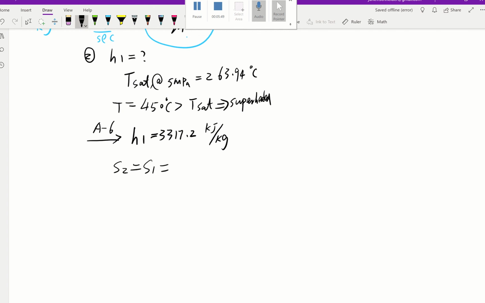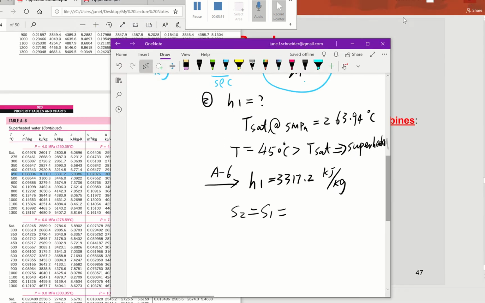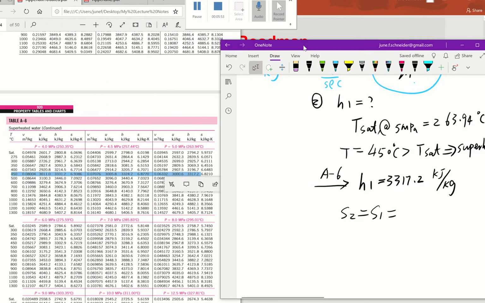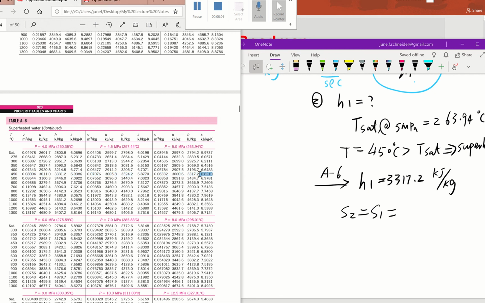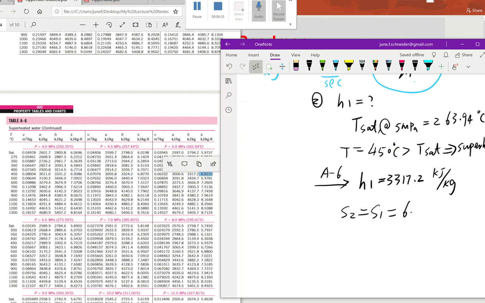So we go back to our table to find S1. For the superheated table, at 5 megapascal and 450, our S value is 6.821 kilojoule per kilogram per Kelvin.